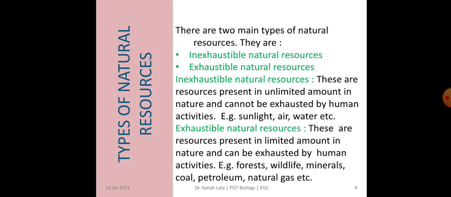Inexhaustible natural resources are those resources which are present in unlimited amount in nature, and it cannot be exhausted or finished by human activity, like sunlight, air, water. So they are the inexhaustible natural resources.